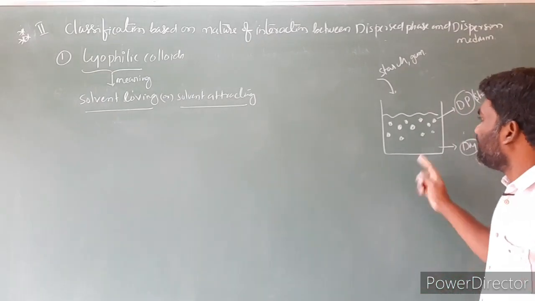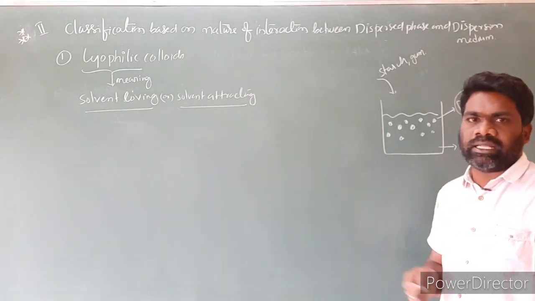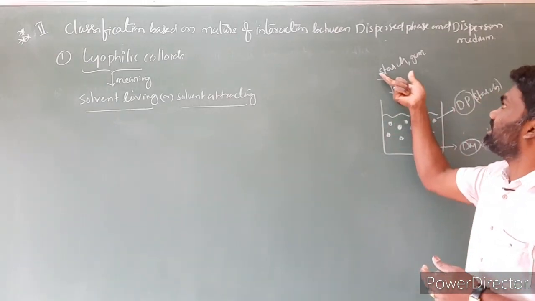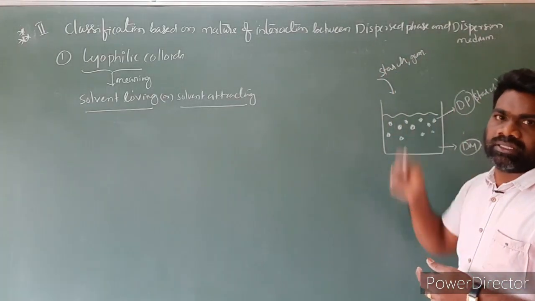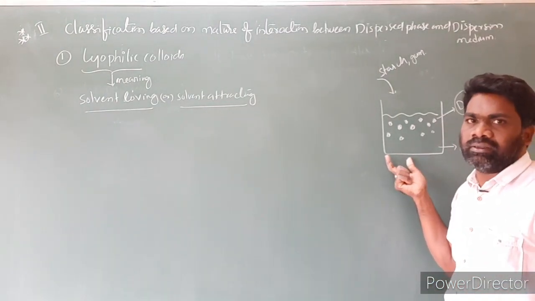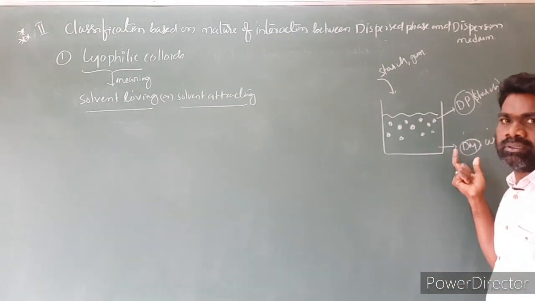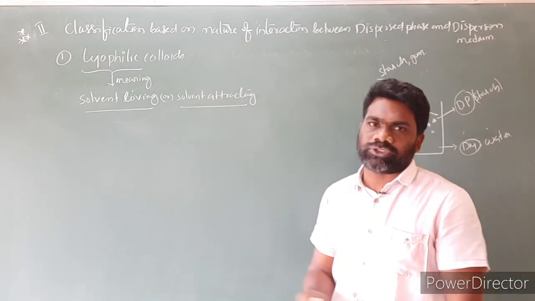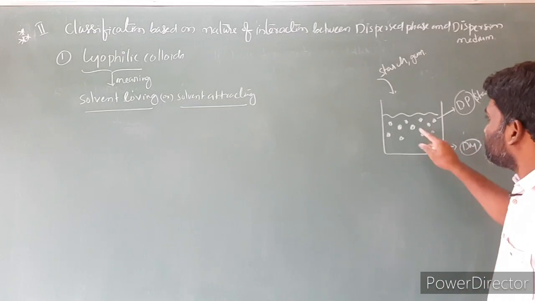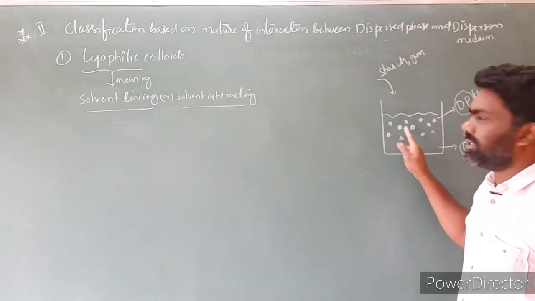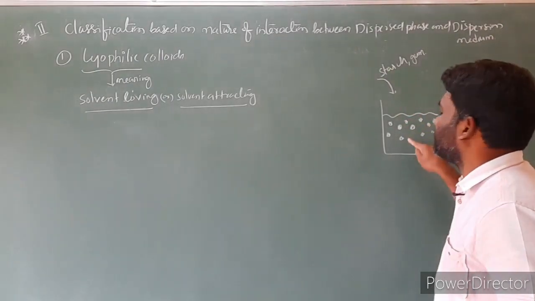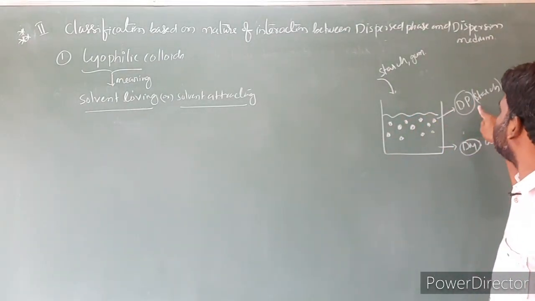The next point is that these colloidal solutions are directly prepared by mixing substances like starch, gum, gelatin, etc. with a suitable solvent, which is the dispersion medium. Then we get lyophilic sols. Suppose the dispersed phase is starch.